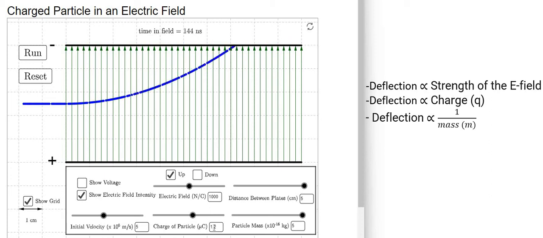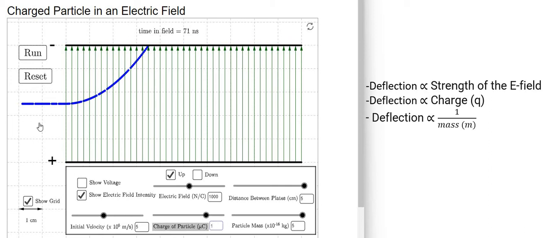Now if I increase the magnitude of this charge to, for example, 5 microcoulomb, the deflection must increase, since deflection is proportional to the magnitude of charge.